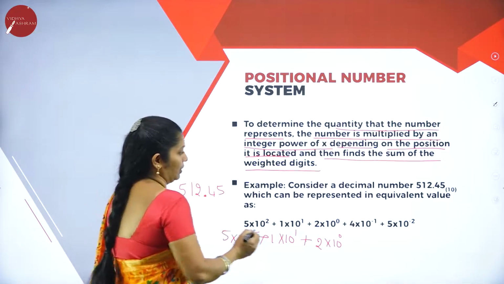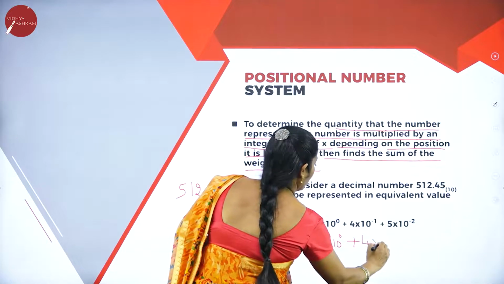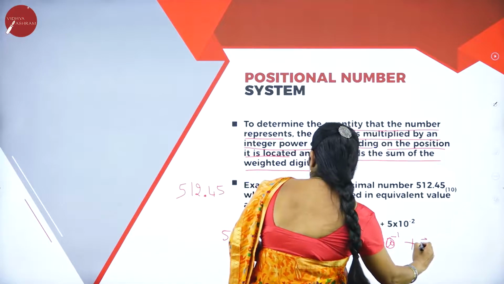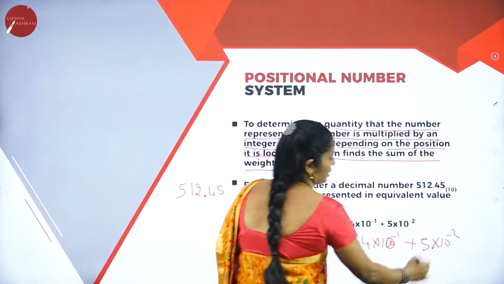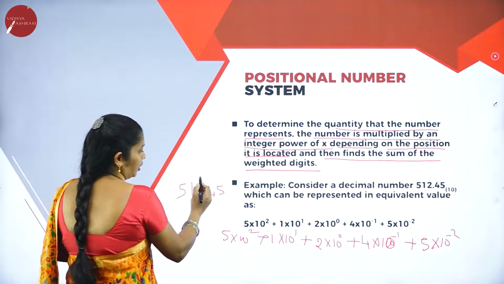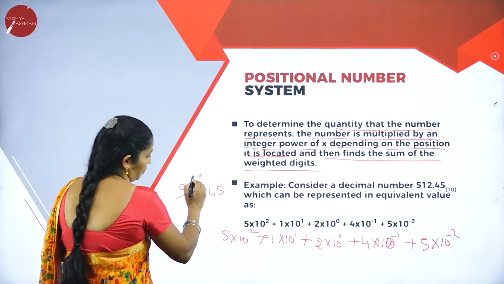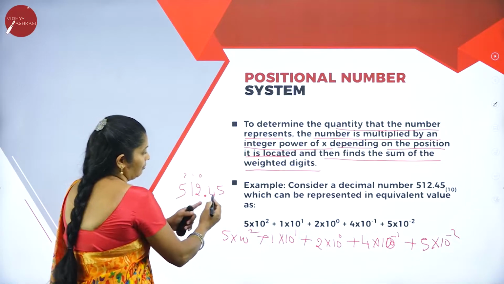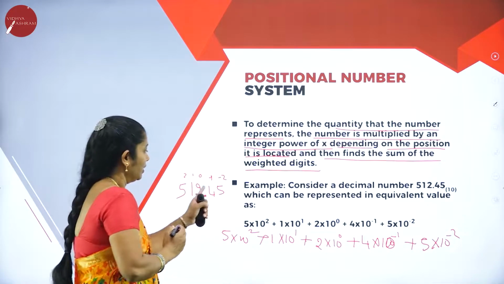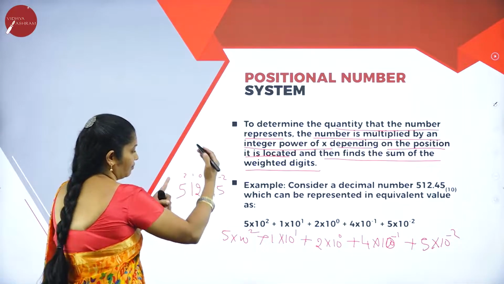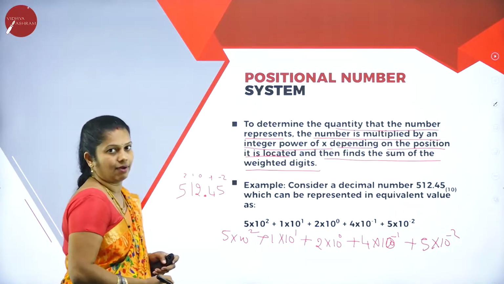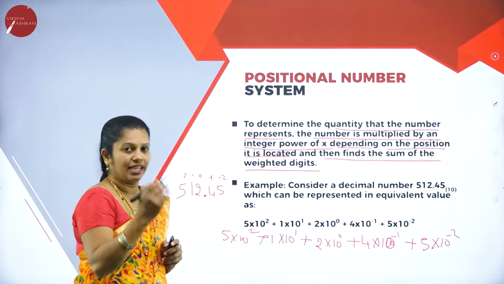After the point, we have 4 into 10 to the power of minus 1 plus 5 into 10 to the power of minus 2. So after the point, the powers keep increasing going from left to right, but with a negative sign. Now is it clear?